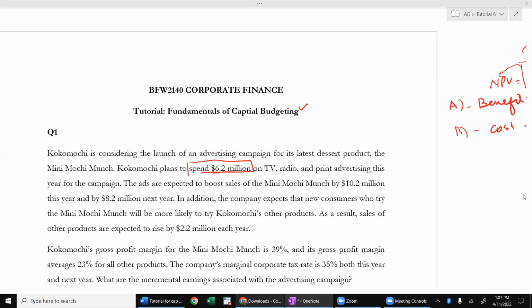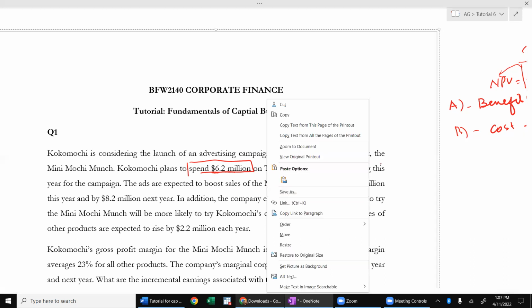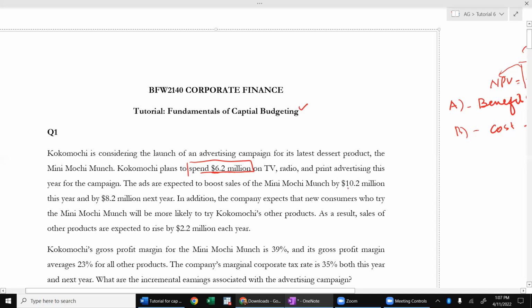Okay, so 6.2 million is the advertisement expense. The ads are expected to boost sales of the main product, Mini Mochi Munch, by $10.2 million this year and by 8.2 million next year. So this is the sale in year 1 and this is the sale in year 2. In addition, the company expects that the new consumers who try this product will be more likely to try another product of the company.